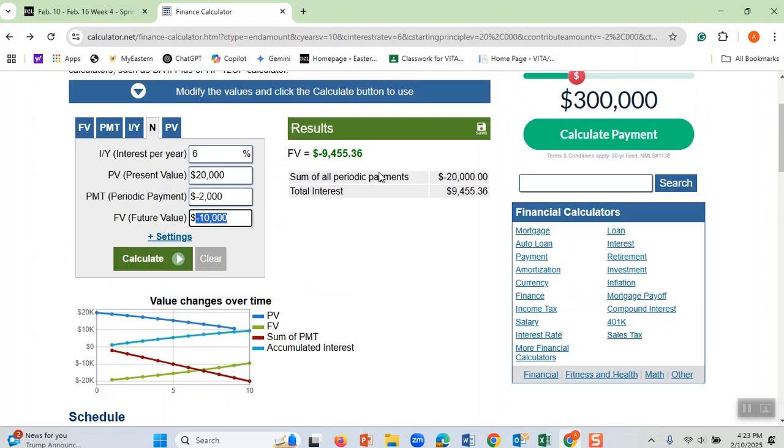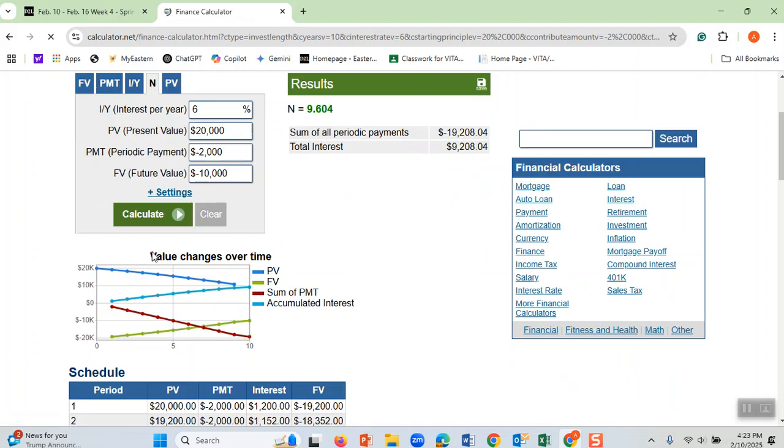And the answer would be, let me calculate again, and n is supposed to be 9.6. This means number of years, how many periods.